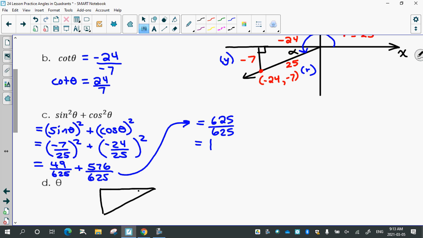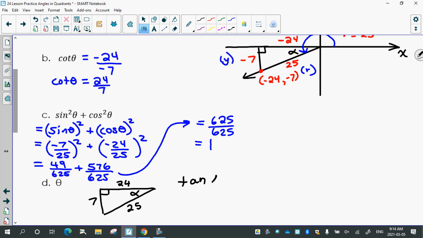So this is alpha. It's always between the x-axis and the terminal arm, if it's in a different quadrant other than the first, right? This is my right angle. Forget all the negatives, so we're thinking of this as 24, 7, and 25. And to find alpha, I want to use tan.